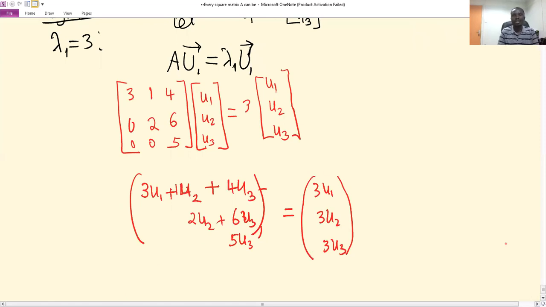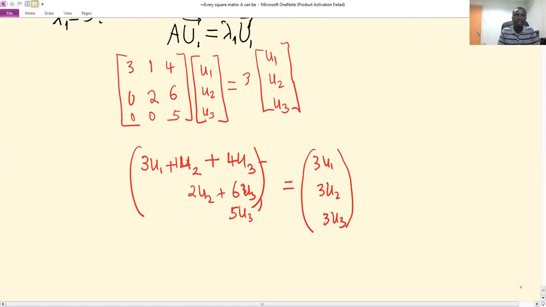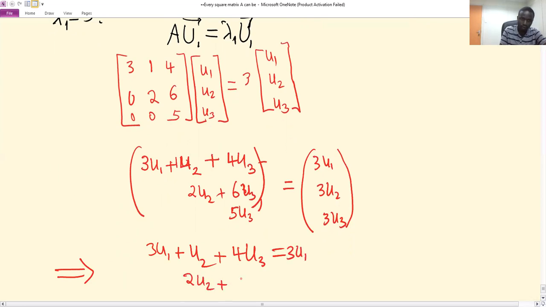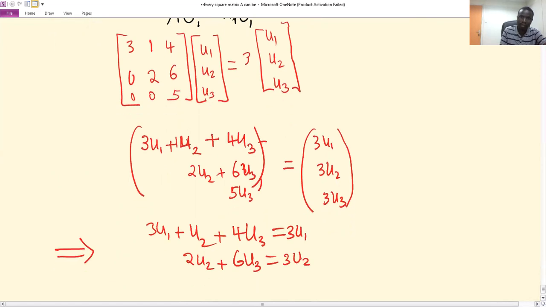And then for this equality to make sense, that means that the first line, 3u1 plus u2 plus 4u3, should be 3u1, and then 2u2 plus 6u3 should be 3u2, and 5u3 should be the same as 3u3.